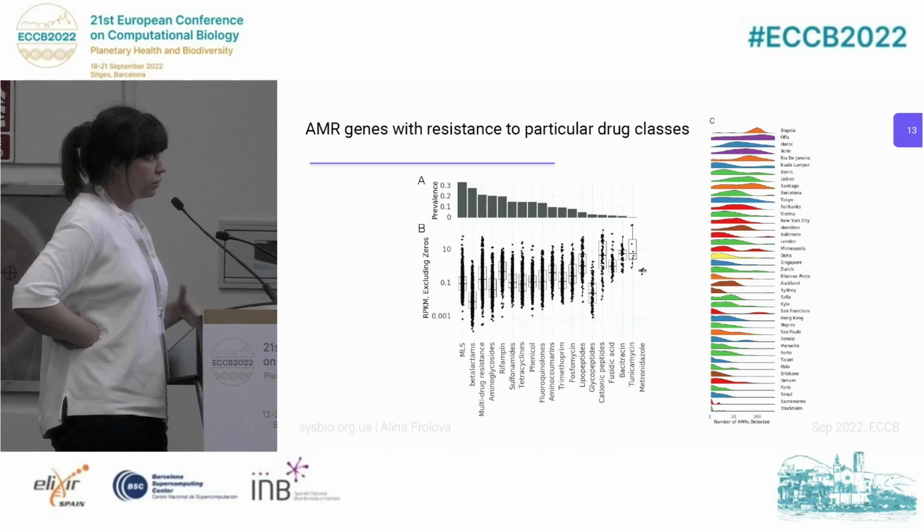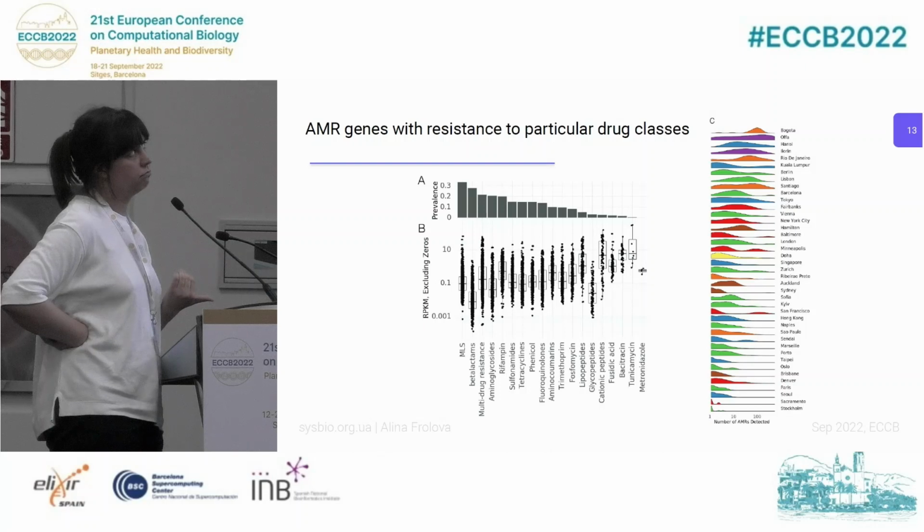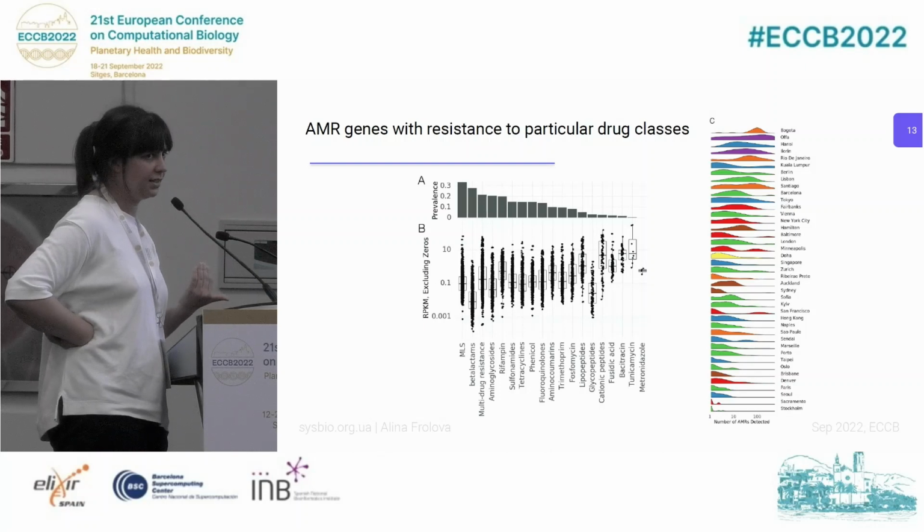However, we found some samples with lots of AMR genes, even though not abundant. It means something might have happened in the environment that led to the sample having lots of AMR genes.